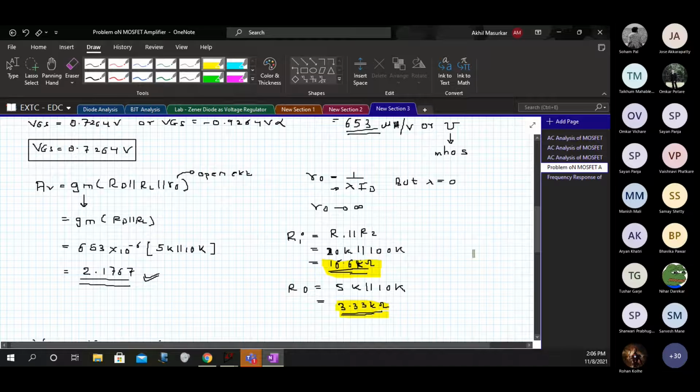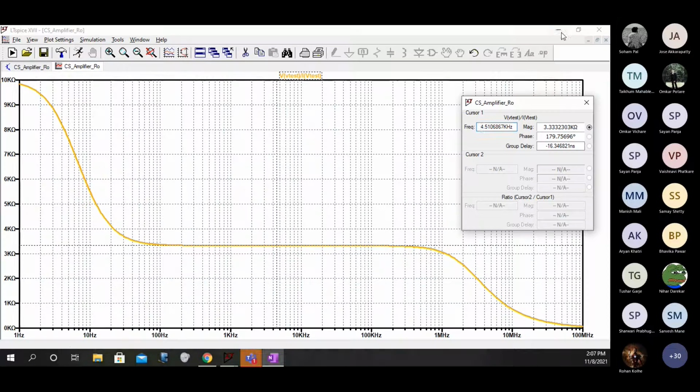This Ri and Ro that you have calculated are the input and output resistances in the mid-band range. The Ri and Ro concept is valid only in the mid-band range. Otherwise, Ri and Ro also change with frequency.